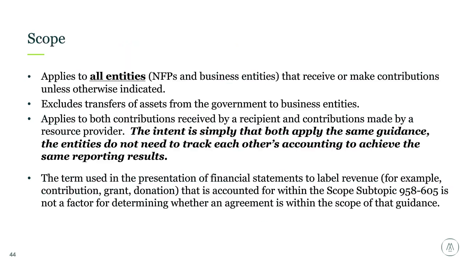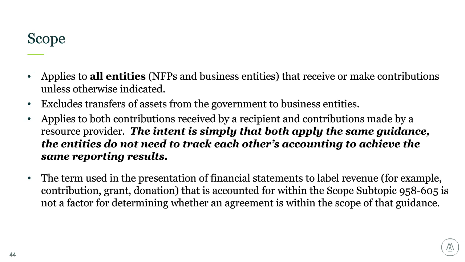All right, the scope of this, it does apply to all entities, so both not-for-profits as well as business entities. So those receiving contributions, the nonprofit organizations, but also those making those contributions. It does exclude assets from governments to business entities.